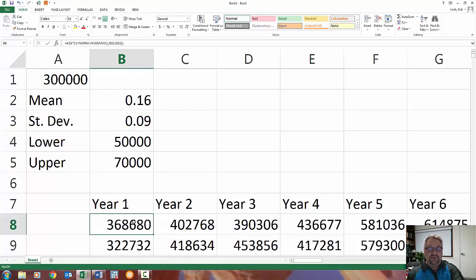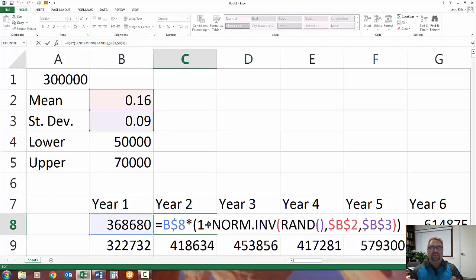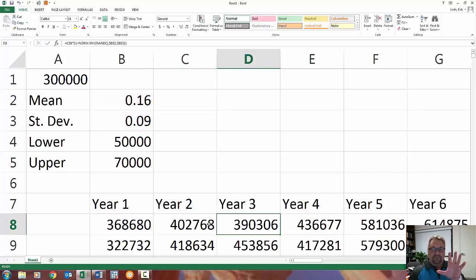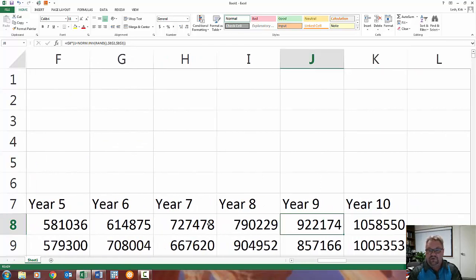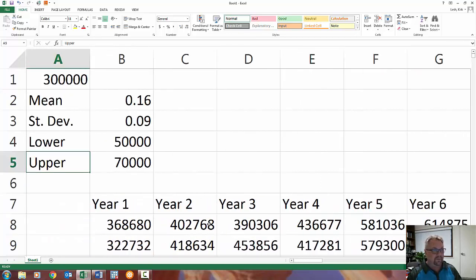Because of the way I've set up the spreadsheet, everything is done. Here are the returns for a mutual fund that starts with $300,000 and has a mean of 16% and a standard deviation of 9%. I'm already done. Here are those returns. I don't have to worry about it.